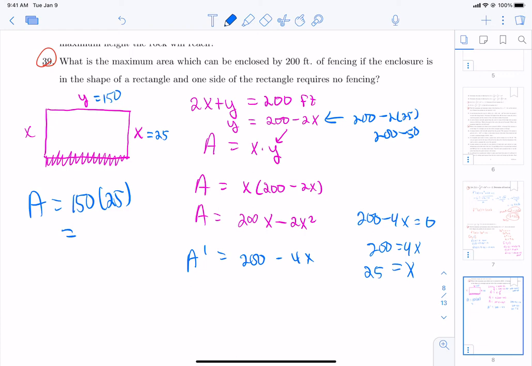What does it say? A prime equals something minus 4x. 200 minus 4x. Oh, that's 200. Say that again? Yes, it sure would be. I even wondered, that's kind of a little number. Thank you. I knew it. I thought I was going insane, because I literally looked at this problem and I'm like, oh, that's easy. I think she deserves bonus points.